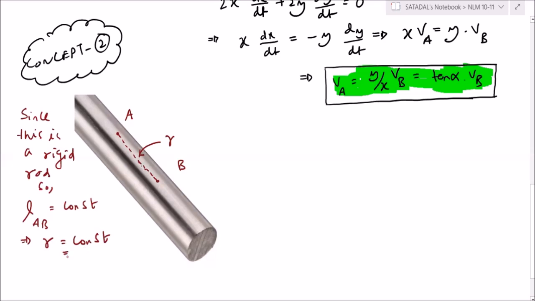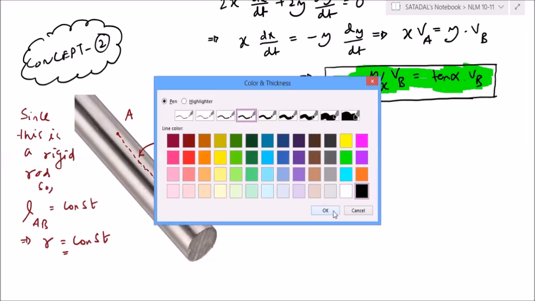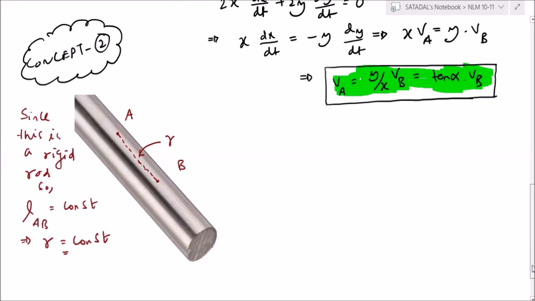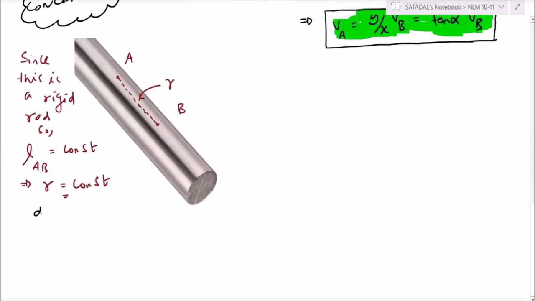Try to understand properly. See, if R is constant, then I will write that dr/dt is equal to 0. Now this is very significant.